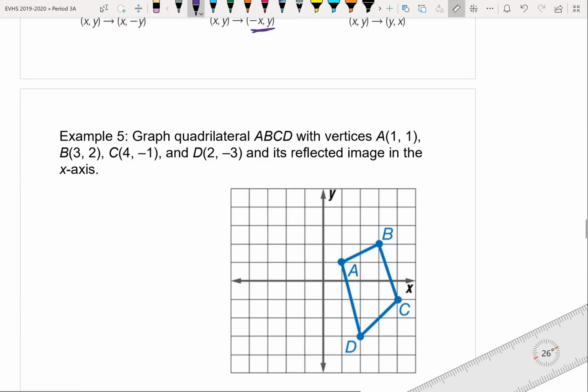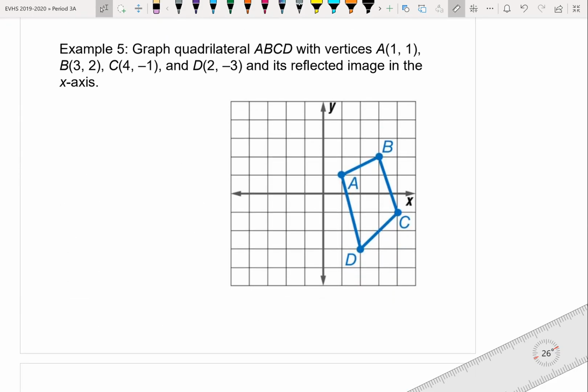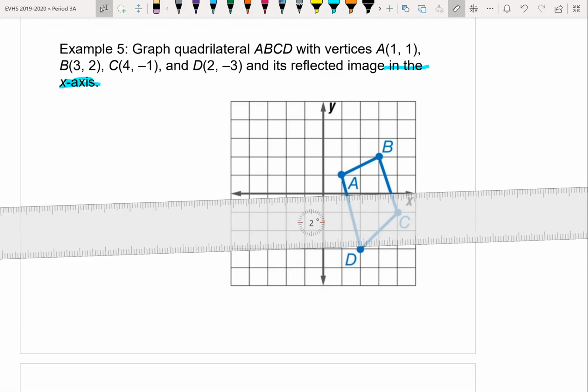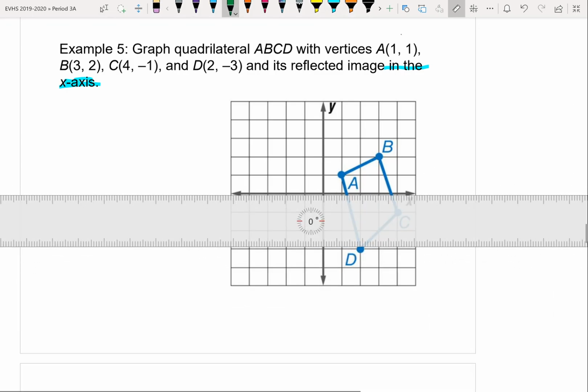Now we're going to be reflecting ABCD in the x-axis, which means we're using our x-axis as the line of reflection.